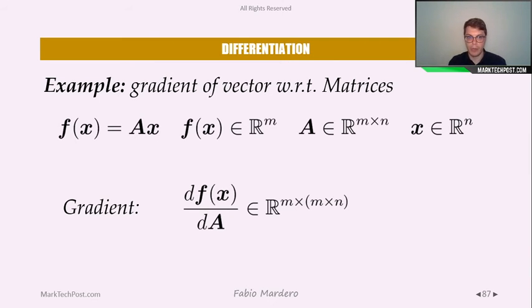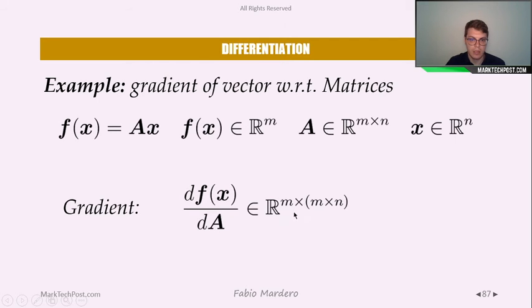So we are expressing f as a multiplication between the transformation matrix and the input vector. So f could be a linear mapping. And we want to compute the gradient with respect to what? To A.